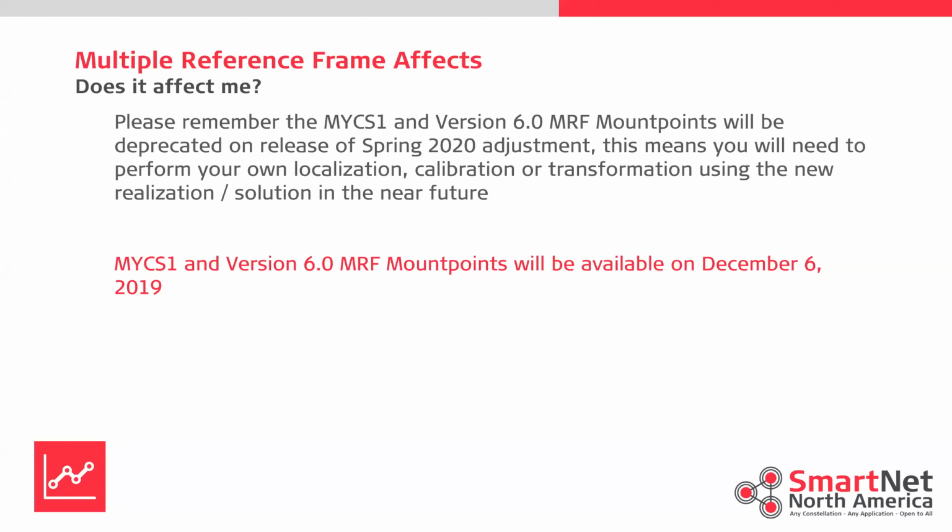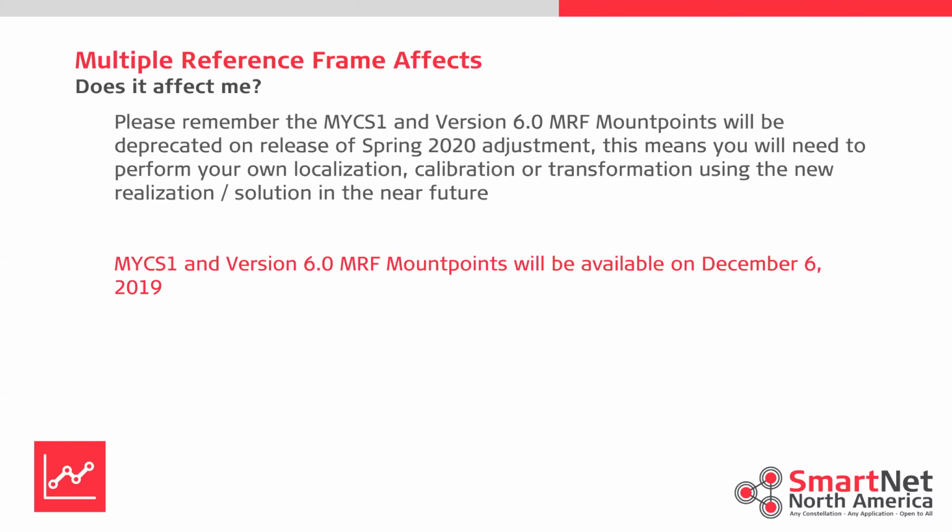That solution for that station, that coordinate, broadcast on RTCM3_IMAX, will be available until January 6th. On January 6th, we will update the coordinates associated with that mount point to the new MYCS2 solution. If you want to stay on the solution that you're getting right now today, you change to the MYCS1 mount points, and you can maintain that coordinate on that station up until the spring.